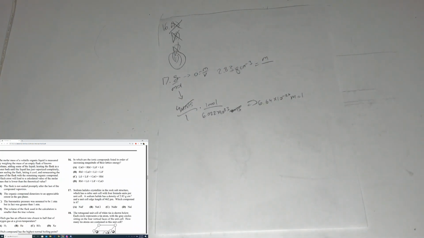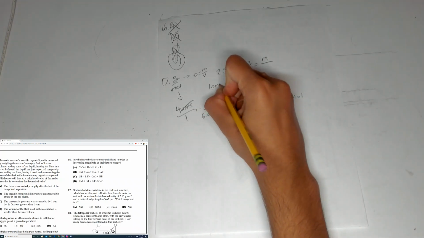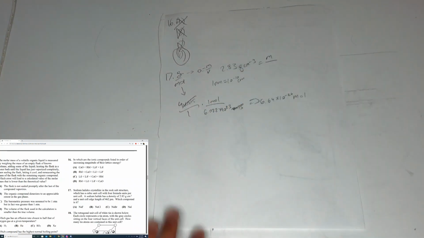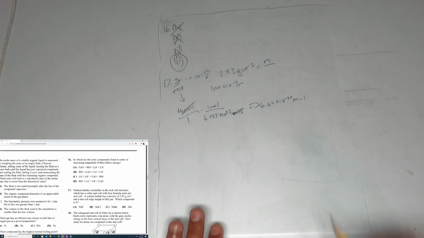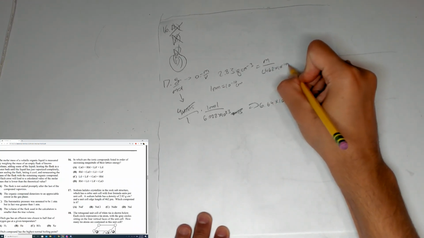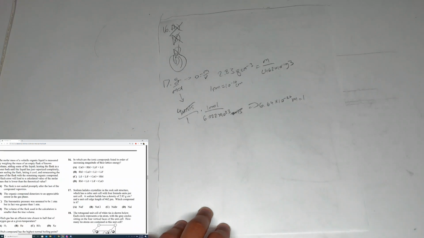Now the volume. They give you the edge length in picometers. But the thing to realize is that 1 picometer equals 10 to the negative 10 centimeters. So using that you can find the volume, which is just the edge length times 10 to the negative 10 cubed, because you have the edge length and now you're making it into a cube.